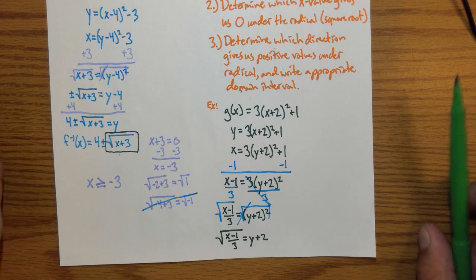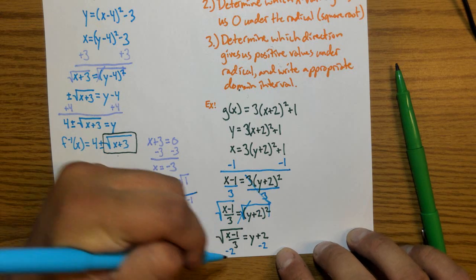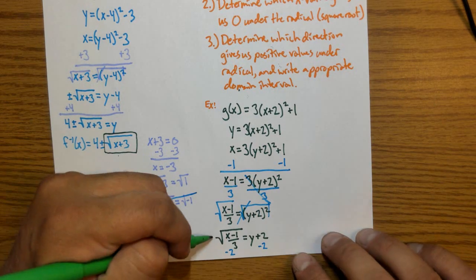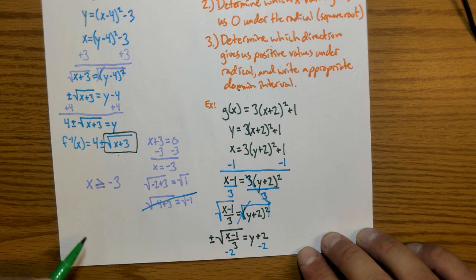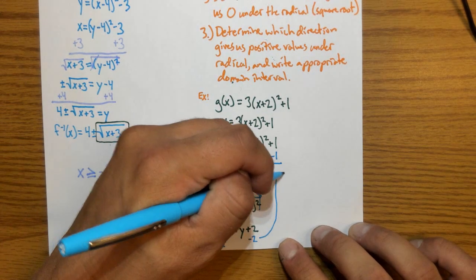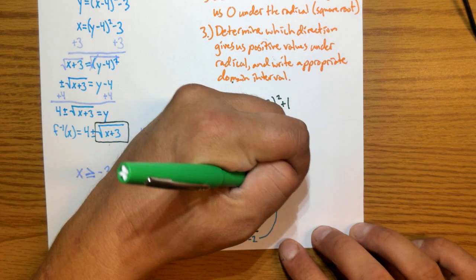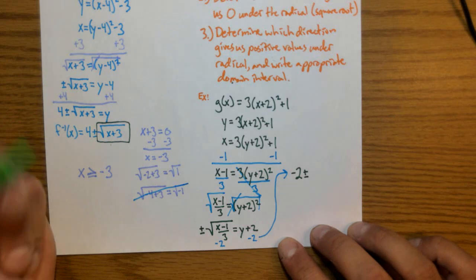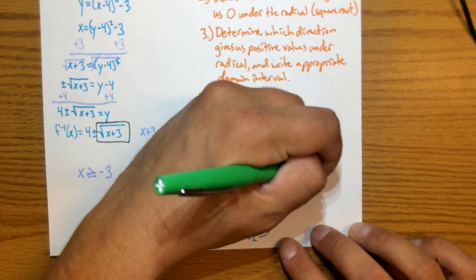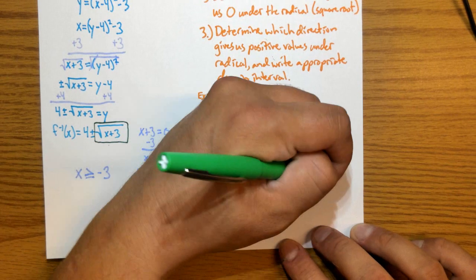And then finally subtract 2 from both sides. Oh, I forgot my plus or minus here. So, once we subtract the 2 over, we're going to have negative 2 plus or minus the square root of x minus 1 over 3 is equal to y.